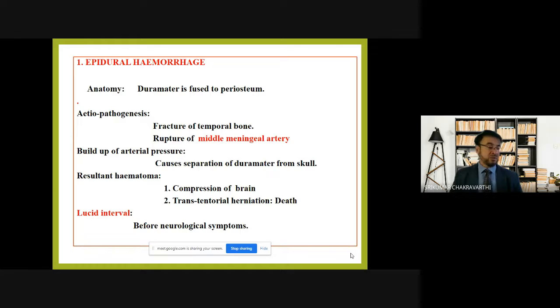And after he comes out, he says, "Hey, it's okay, I'm perfect, I'm fine," and everybody cheers. But the same thing in boxing, when a boxer gets punched on the face, he seems okay, but after a period of 12 hours or 24 hours, he develops neurological symptoms. This is called a lucid interval, the interval period between the injury and the arrival of symptoms. And this is seen in epidural hemorrhage.